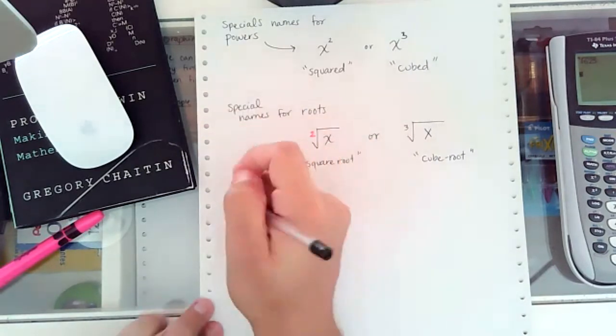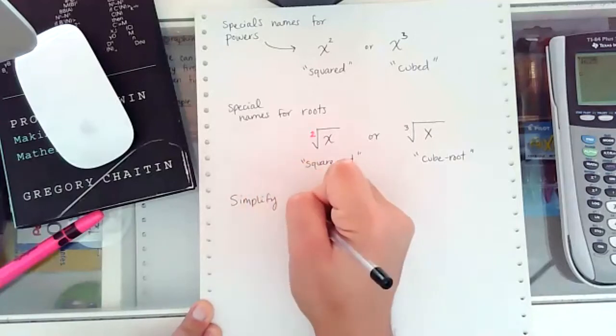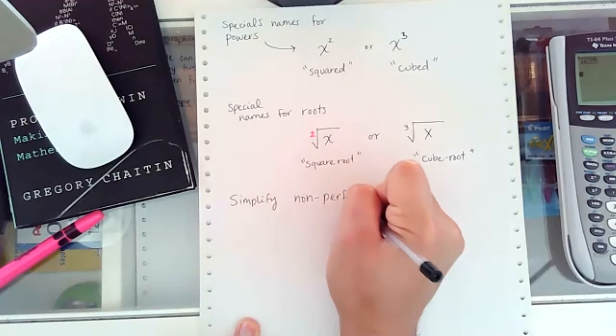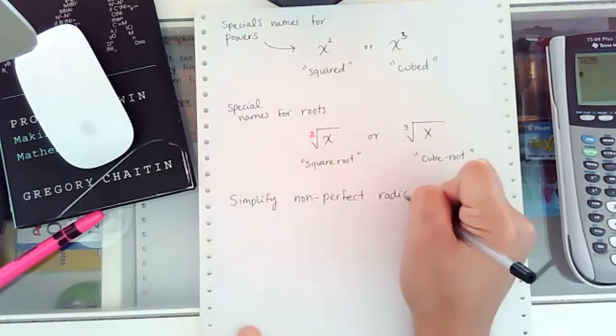Okay. But now we need to simplify what I will call non-perfect radical expressions.